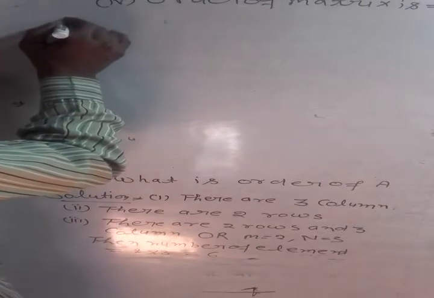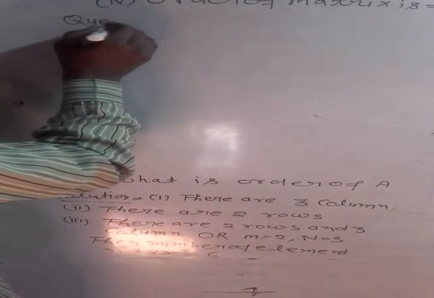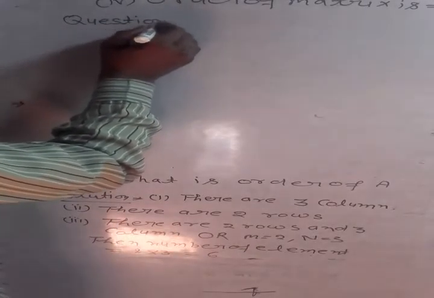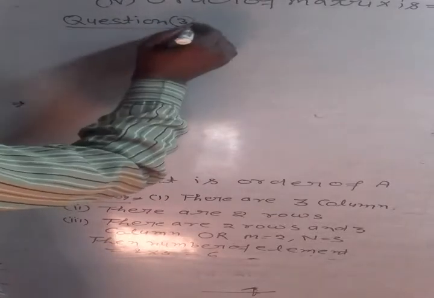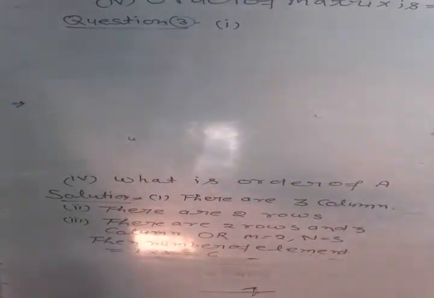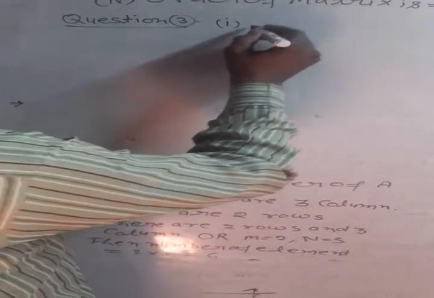Question number 3. First number, a matrix has 12 elements.